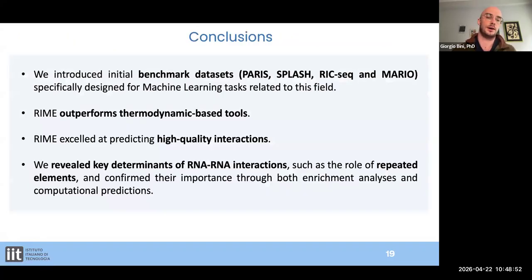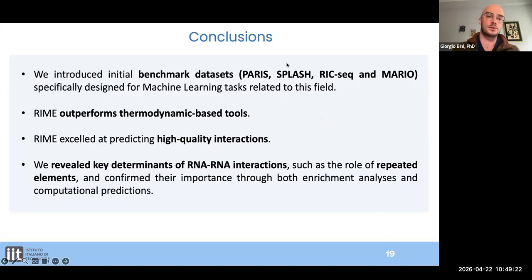So to conclude, we analyzed several transcriptome-wide techniques, and we collected them, and by applying filtering and bias control, we released a benchmark dataset specifically designed for machine learning. And building on this, we trained a deep learning framework for sequence-based prediction called RIME, which outperforms existing thermodynamic-based tools.